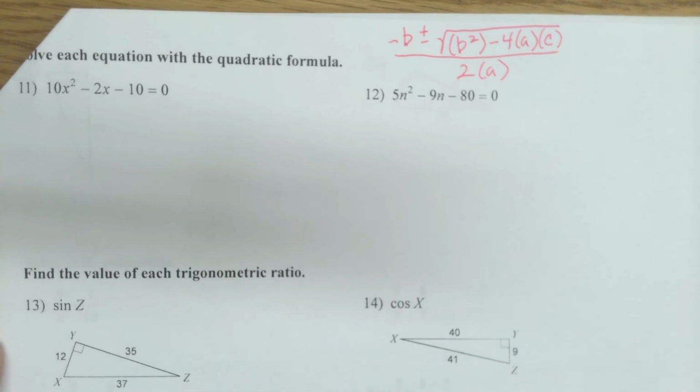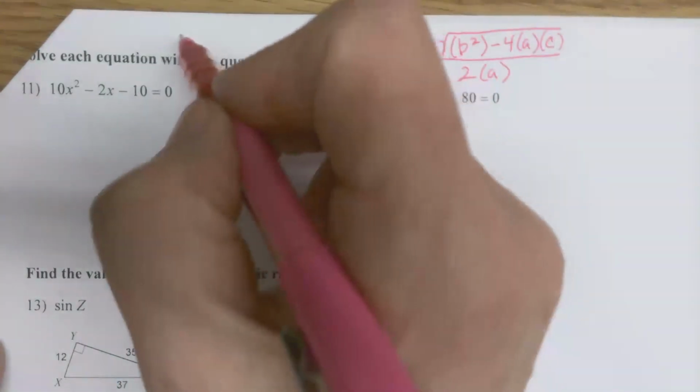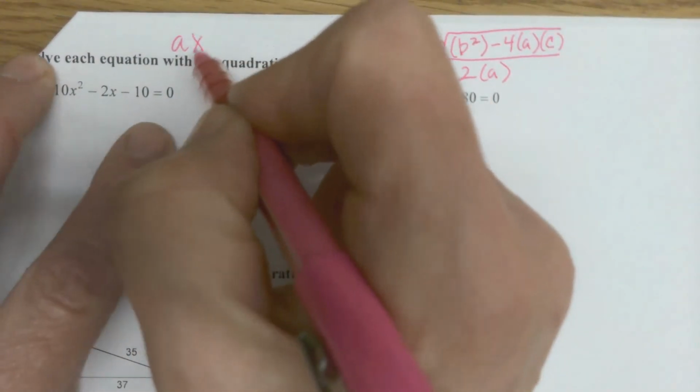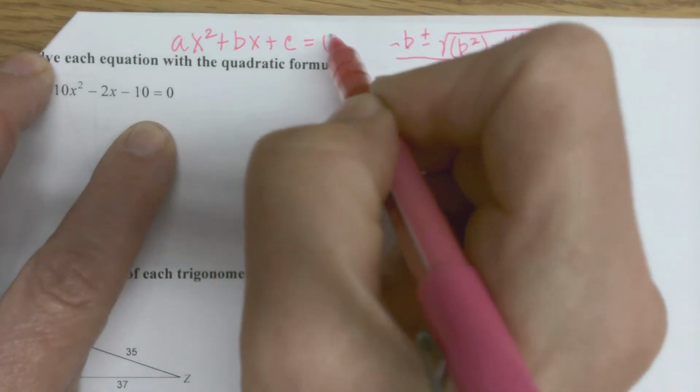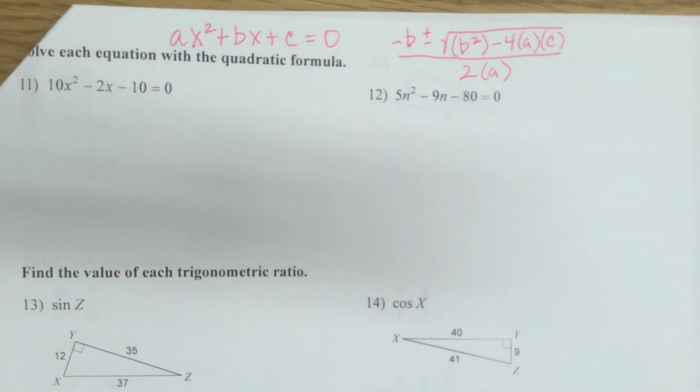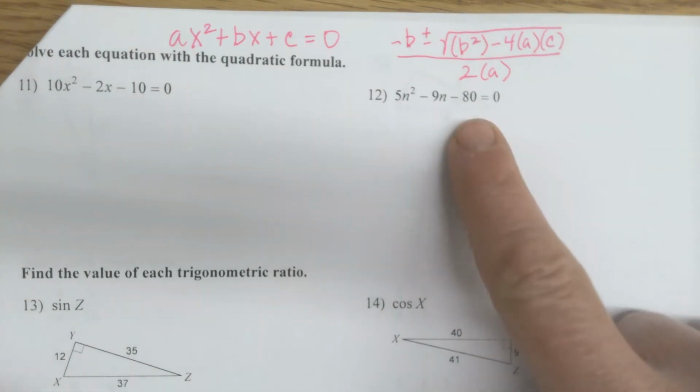So what I have to do is keep in mind that the problems go ax squared plus bx plus c has to equal 0 in order to use this quadratic formula. It actually doesn't have to be x, as you see in problem number 12, it's n.